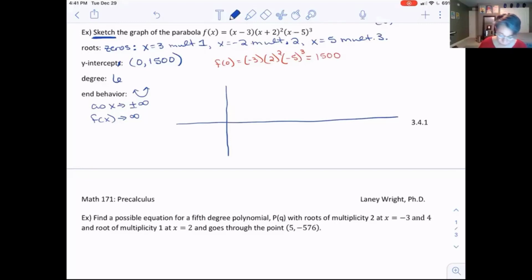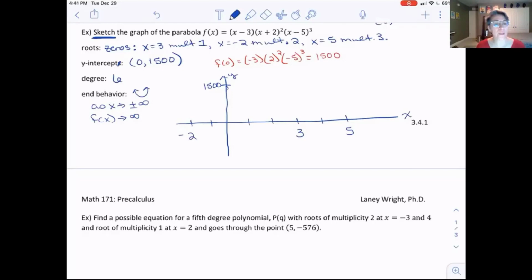Again, our zeros are at -2, 3, and 5. And our y-intercept is way up here, but it doesn't have to be to scale. Again, we're just sketching it. Our y-intercept is way up there at 1,500. So we know it's of degree 6 and it opens up.